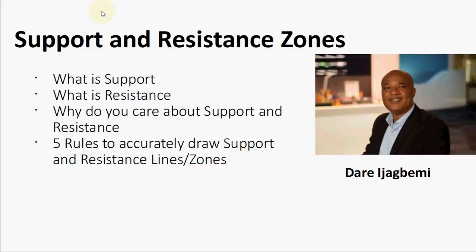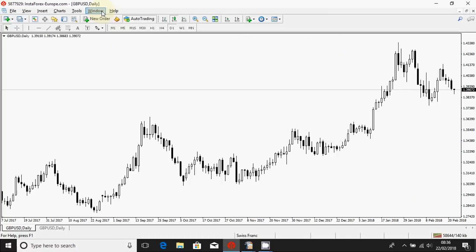So let's go to our chart. Support is a level where price finds it difficult to fall below until it fails. So I'm going to pick a horizontal line here to draw a horizontal line.